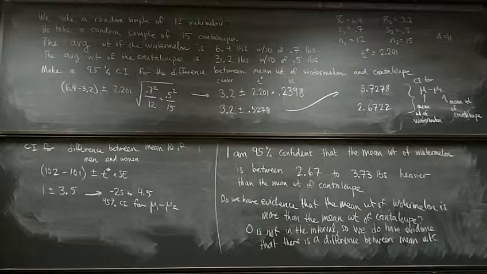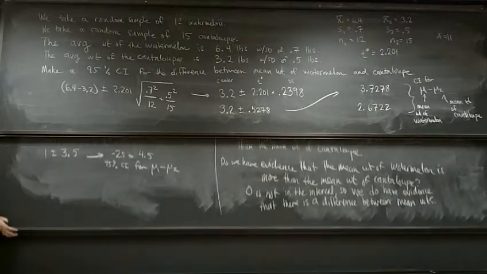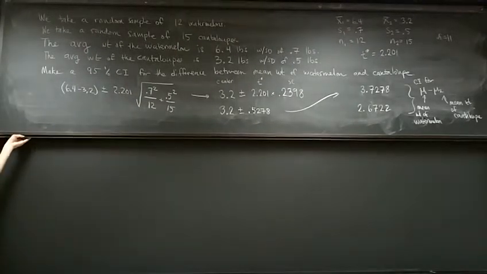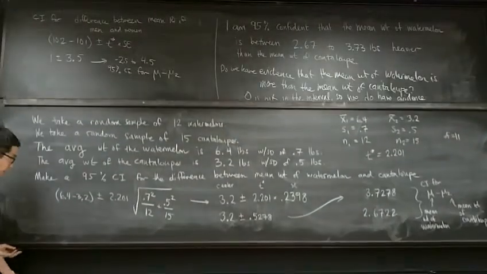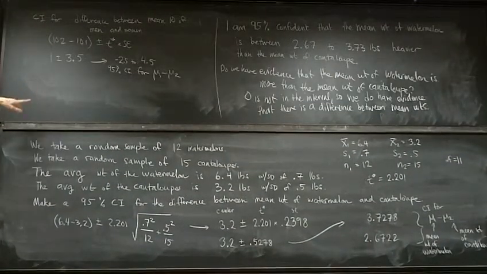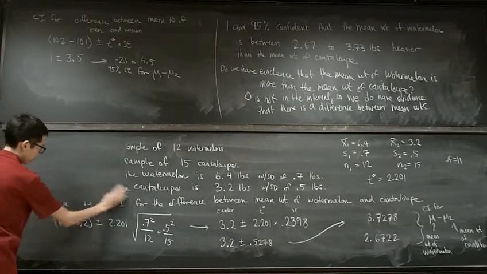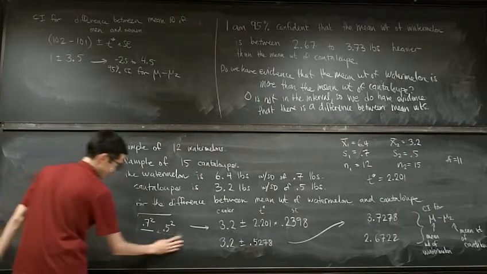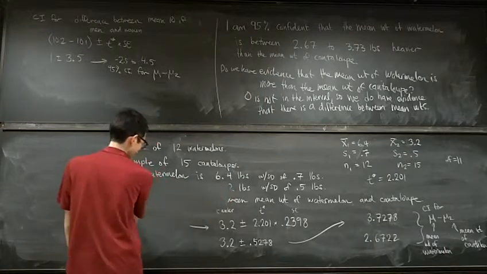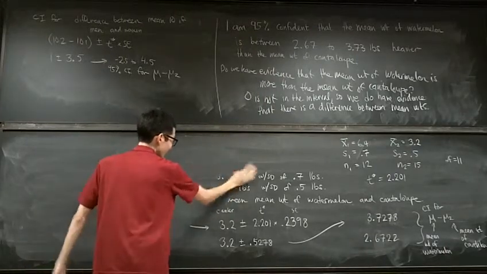Is that okay? Here, I'm going to just put it up, and then I'll write on the other board. So I skipped all the math, and I just said this was our resulting confidence interval. Is that okay? Sure.